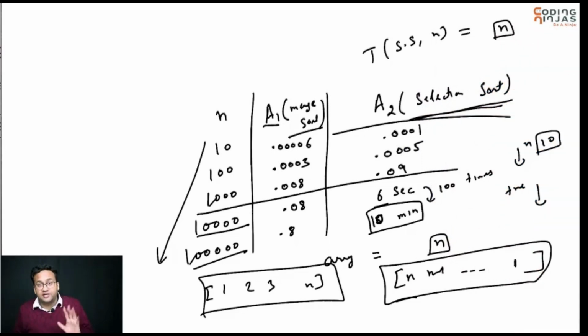Because if it was linearly dependent upon n, then increasing n by 10 times should increase my time also by 10 times. So basically, that's what we are able to do using experimental analysis.